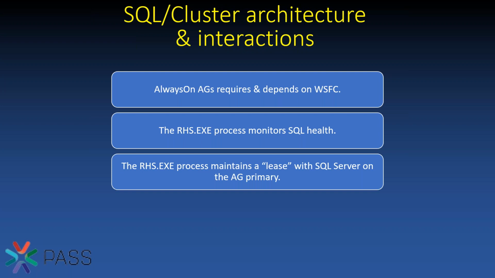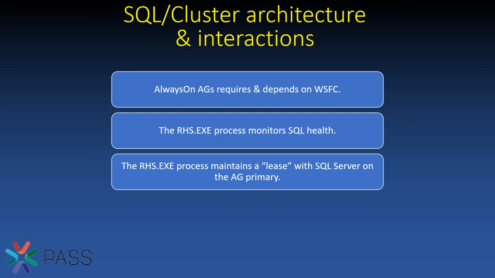The other piece that we have in these interactions between SQL and the cluster is that the RHS process creates a lease with SQL Server on the primary. And we'll go into what a lease is in a little bit more detail in just a minute, but it's a second way to try to avoid split brain.